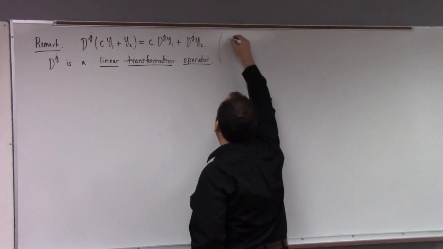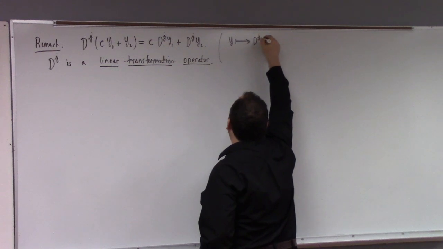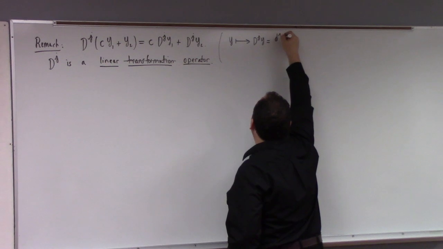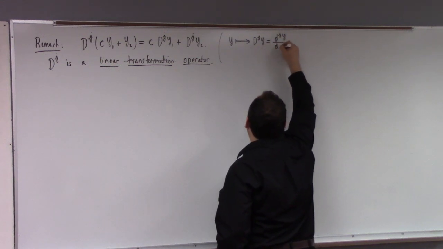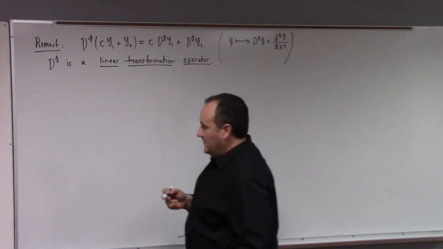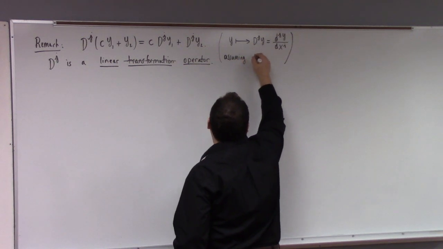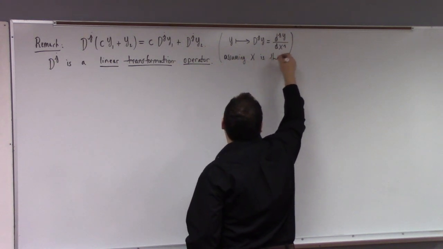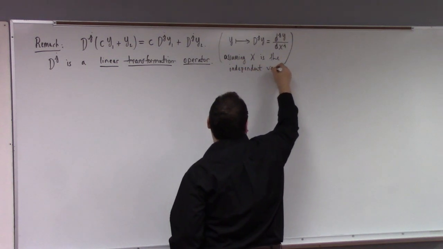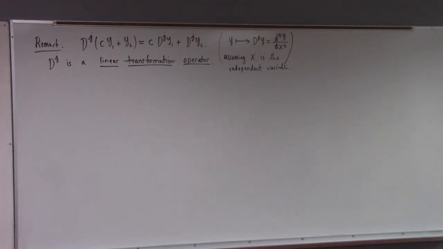What I'm talking about here is we're mapping y to this thing, which is just another notation for the jth derivative of y, okay? Here I'm assuming that x is the independent variable. All right, so that's the first thing.